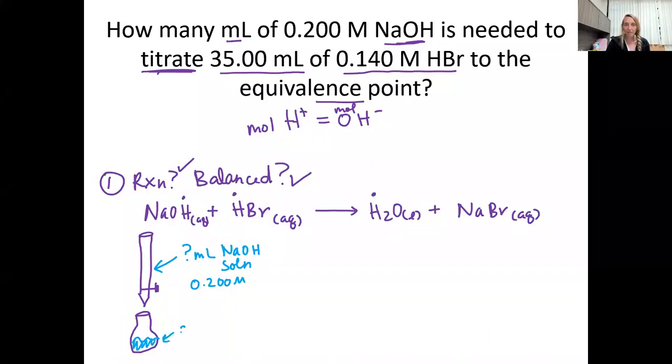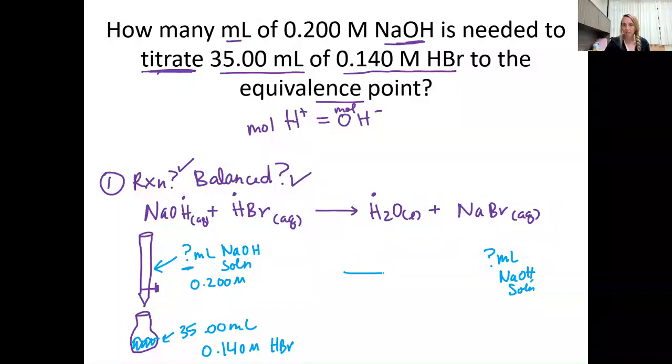And down here I have 35 milliliters of 0.140 molar HBr. Okay, so if you look at this, I want to know how many milliliters of sodium hydroxide solution. What I start with is what's in my hand, and what's in my hand is 35 milliliters of HBr solution.